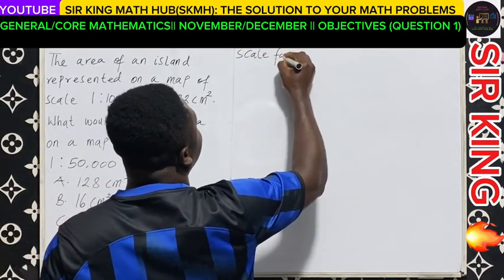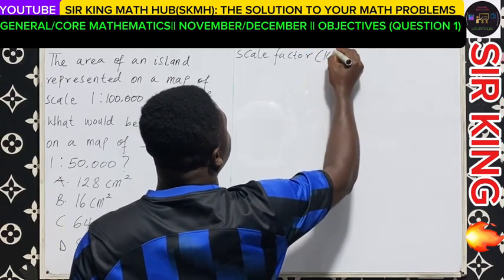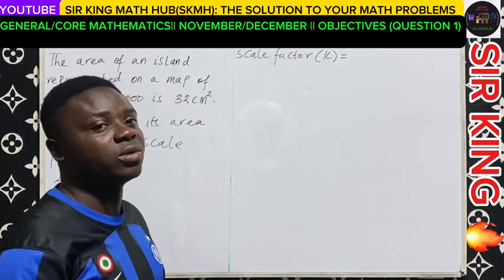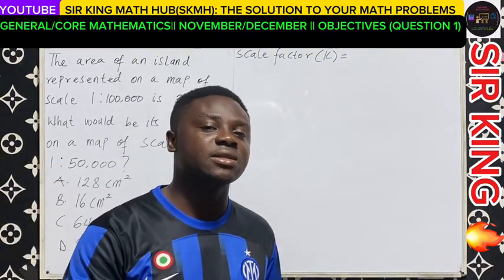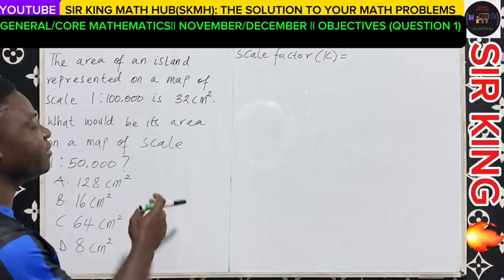I'm representing the scale factor as K. The scale factor will give us the magnitude of the details the second map shows and the first map. How then do we calculate the scale factor?